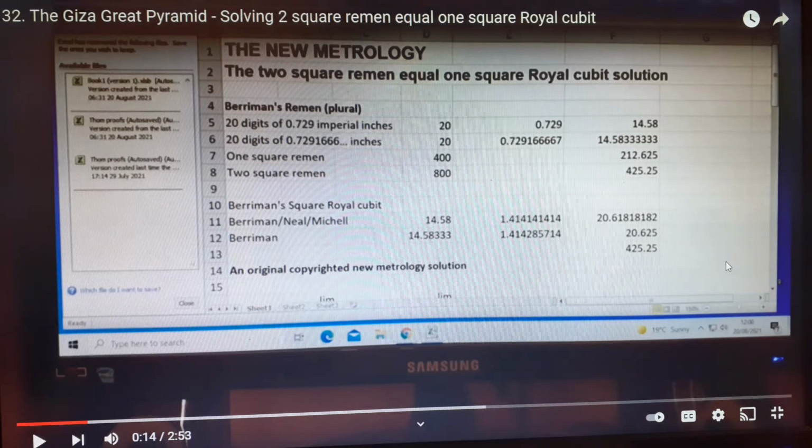And interestingly, these cubits in fractional notation, one is 20412 divided by 990, that's Harry's, and Jim's is 990 divided by 48. So if we multiply them together, we get the Egyptian square royal cubit as 20412 divided by 48, and that's 425.25 square English inches.